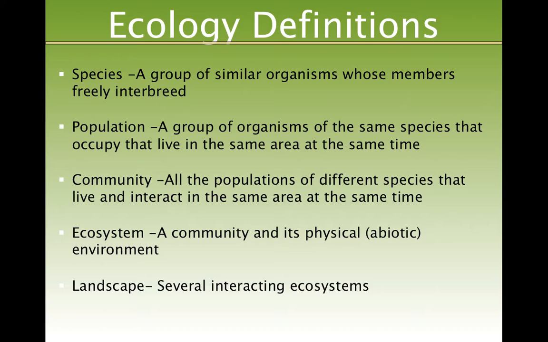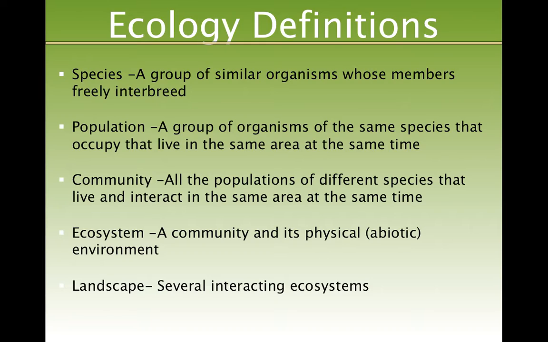Communities are going to be all populations of different species that live and interact in the same area at the same time. So for this one, you can think about the community that you live in. You have humans there, you have your pets, you may have wild animals that live in your community. You're all there and you're interacting together at the same time. And then ecosystems are going to be a community and its abiotic environment.